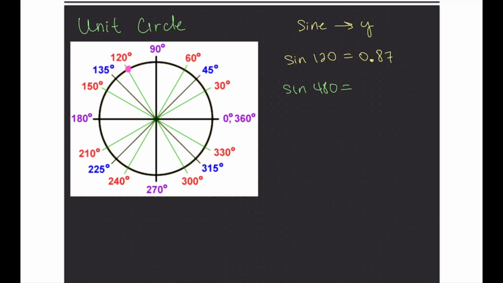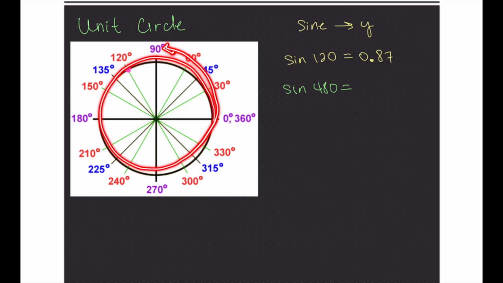No. So I bet 480 degrees is one of these angles, we just have to find where it is. How do you get to 480 degrees? You go all the way around the circle once, because that's 360 degrees, and then keep going.